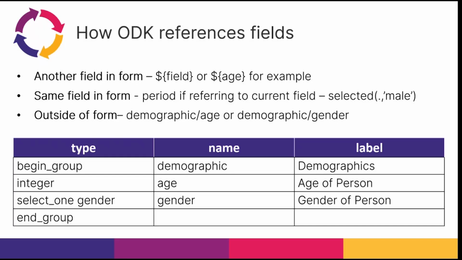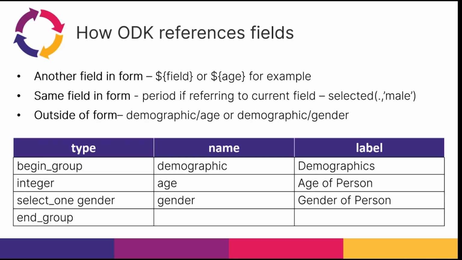If I'm on the same line, you'll also see sometimes a period being used. So in this case, if I say selected, brackets, period, apostrophe male, that means if this field has male selected. So in the ODK form it's always going to be either a period, or the dollar sign curly brackets, and the period refers to the current field.